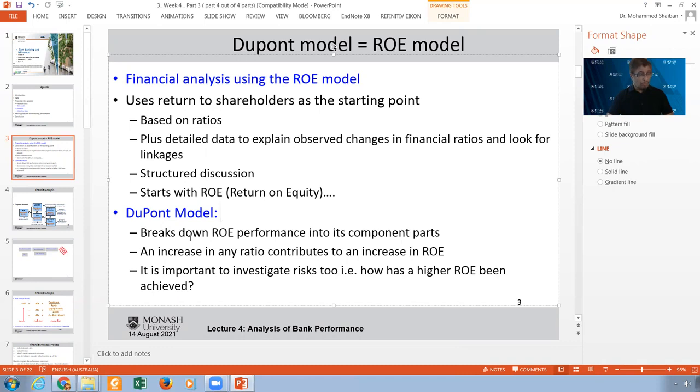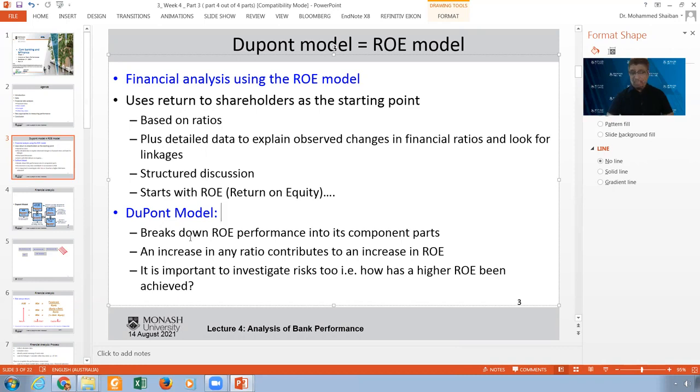Just one thing before I go: this is a very important model. We borrow it from corporates, and we use it in banking because it helps us achieve our goal of connecting the risk and the return.